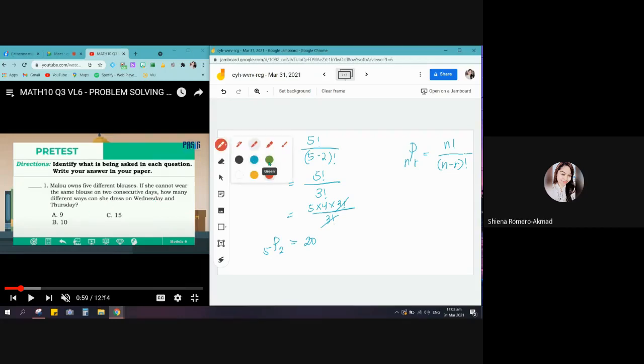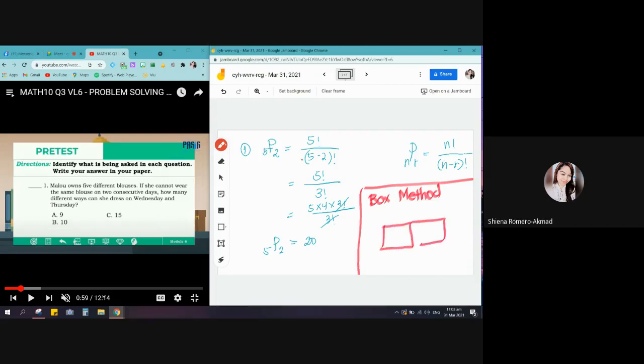Other method of solving this is using a box method. Ano yung box method? When we say box method, you are going to look at the number of choices that she has for each day. Remember that she will use her blouse for Wednesday and Thursday.